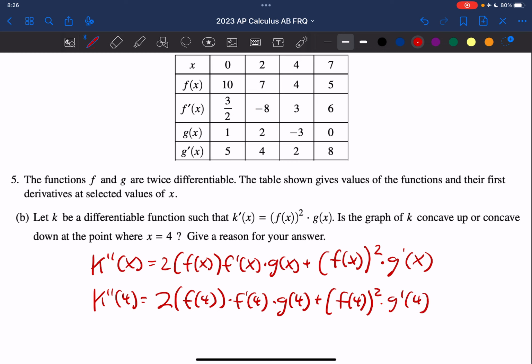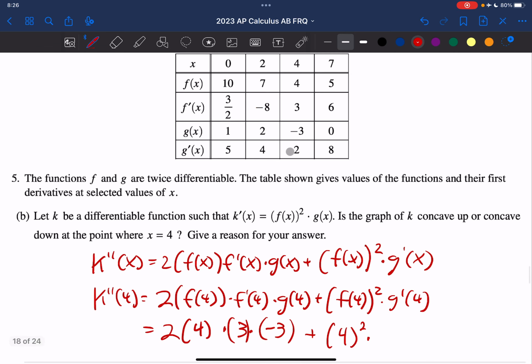All right, so f of 4 is equal to 4. f prime of 4 is equal to 3. g of 4 is equal to -3. And let's see, f of 4 is equal to 4, so we have that value again, times g prime of 4 is 2.